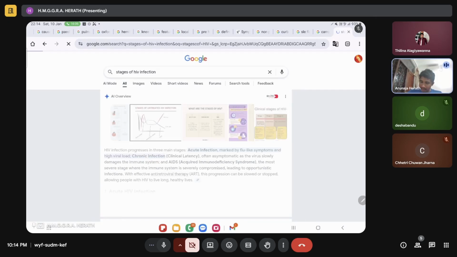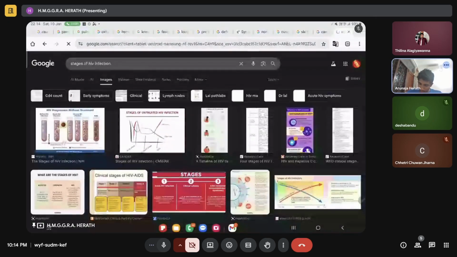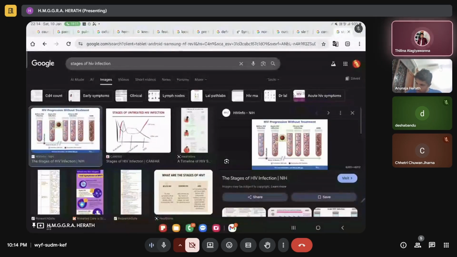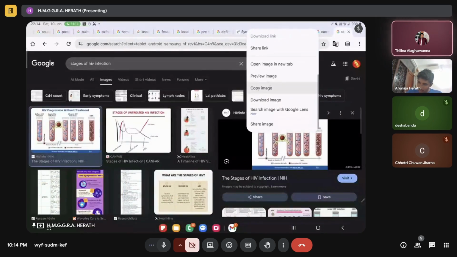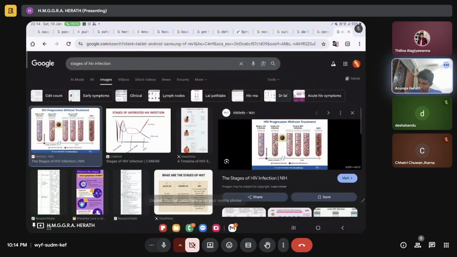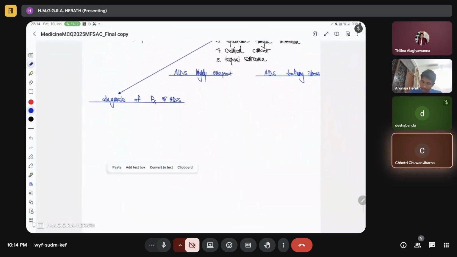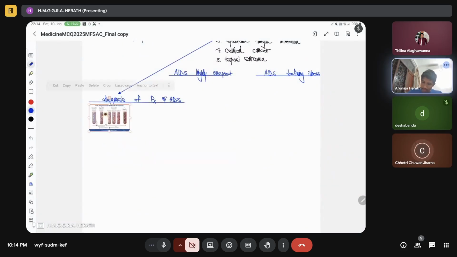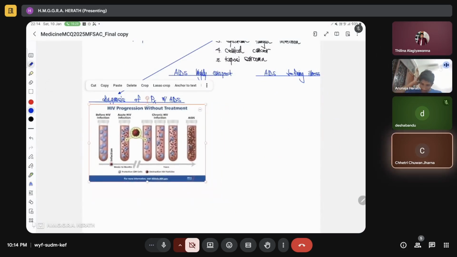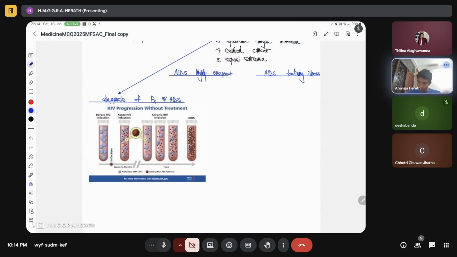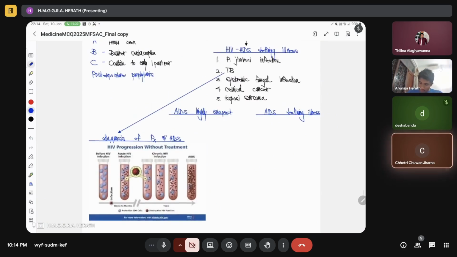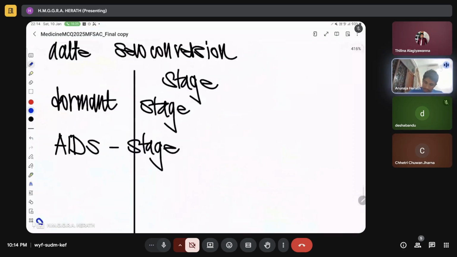In the AIDS stage, what can you use? That is screening, right? Can't we use blood? Yeah, we use blood. But what do we use? The blood, what is the test that we do? So the dormant stage is also known as chronic HIV.